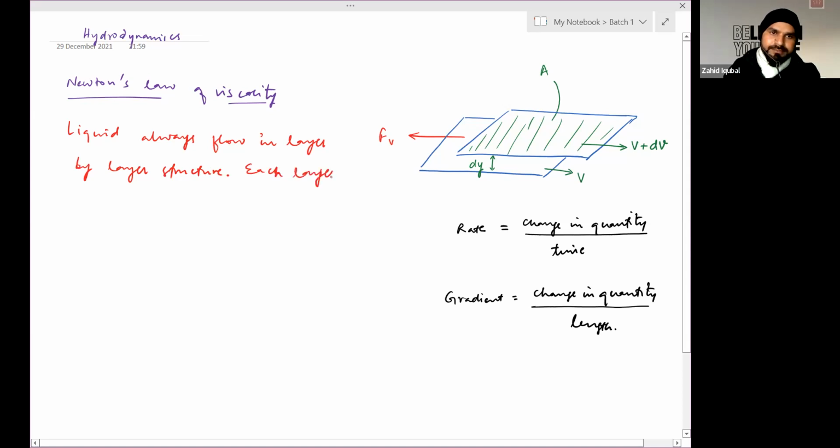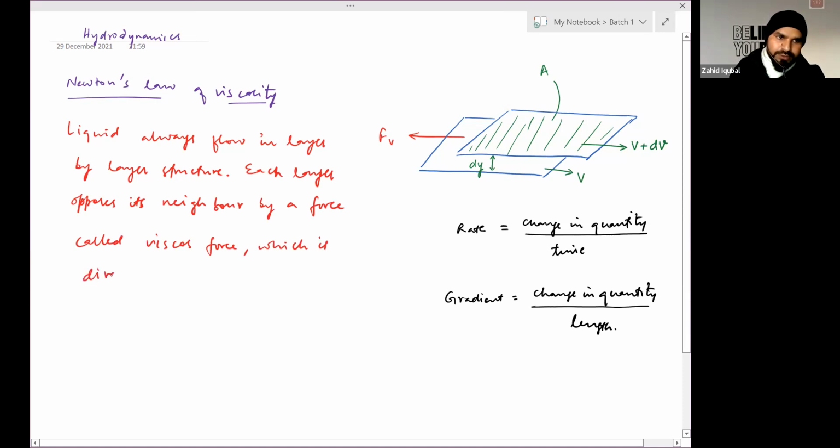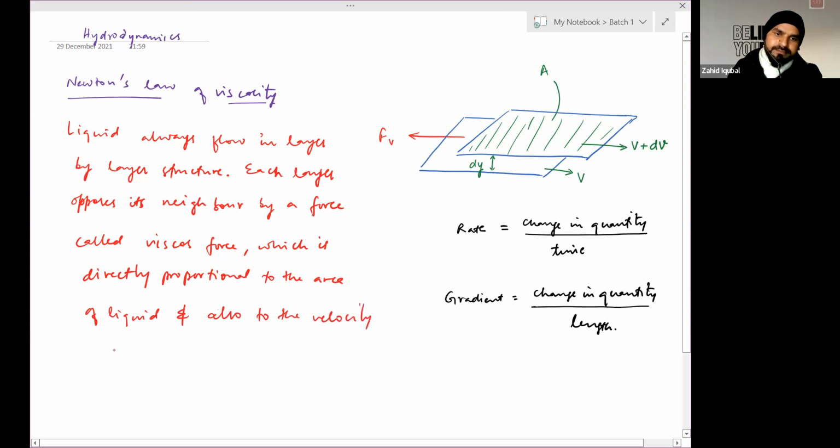Each layer opposes its neighboring layer by a force called viscous force, which is directly proportional to the area of the liquid film and also to the velocity gradient. First, write it down till this part.